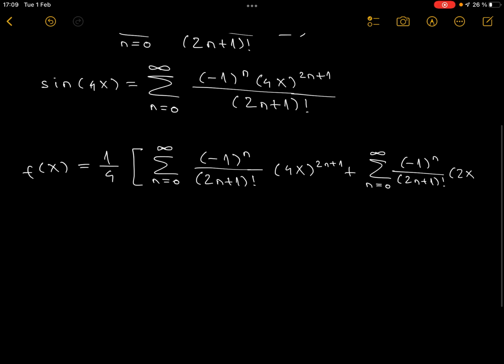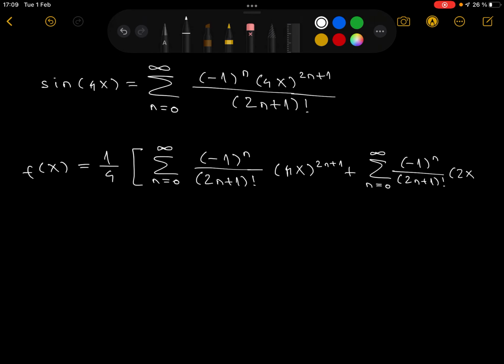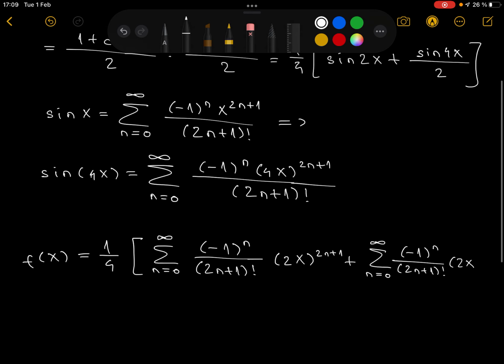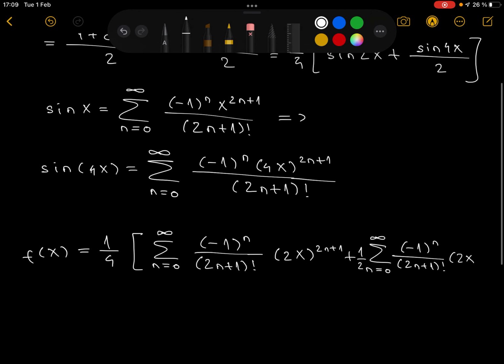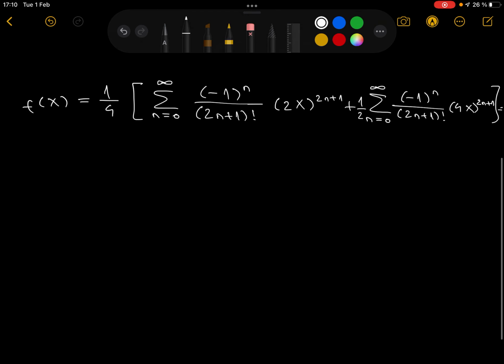I'm sorry, I've made a couple of small mistakes. I'm just going to correct them. For sine of 2x here we have to have a 1/2, and here it's not 2, it's actually 4, 4x to the power of 2n plus 1.